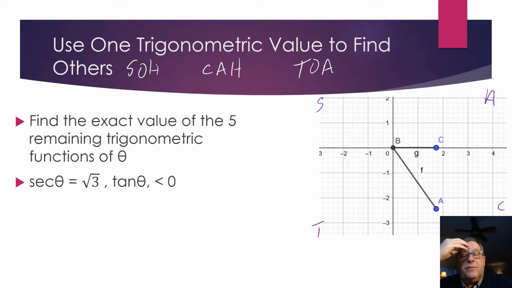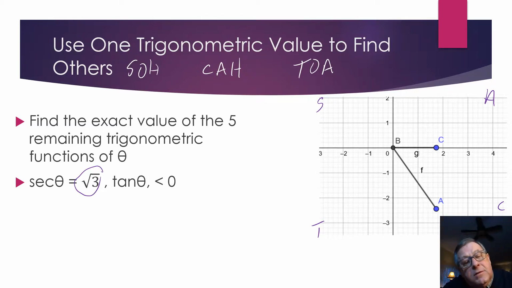Now you see I drew this diagram in the fourth quadrant. Now why did I jump to do that? That's because I see that the secant, which is the inverse cosine function, is positive. It's equal to the square root of 3. All right, well, let's go ahead and look at the cosine.